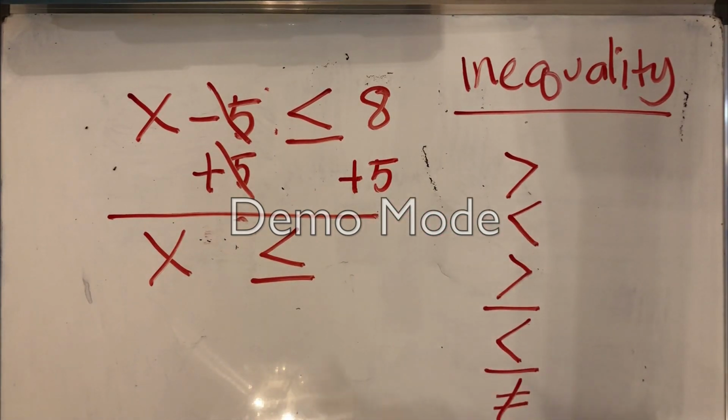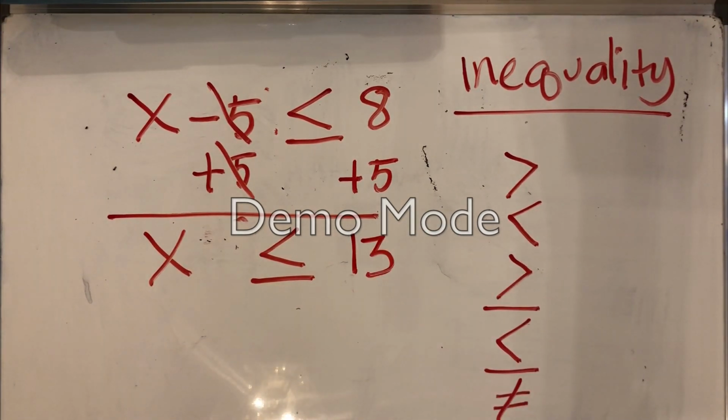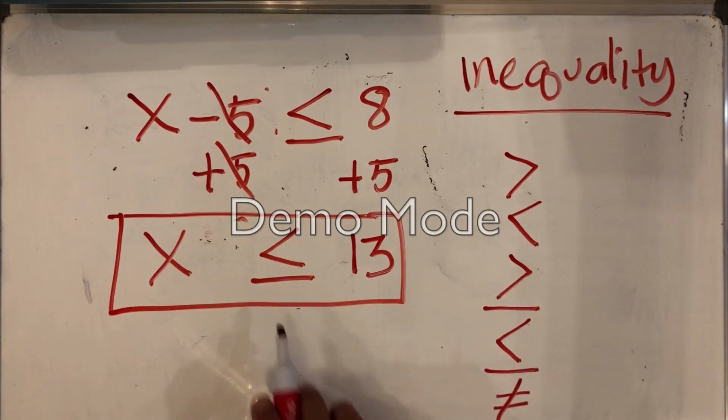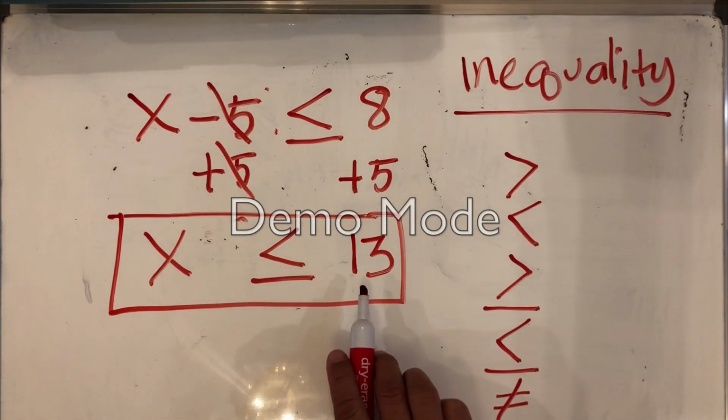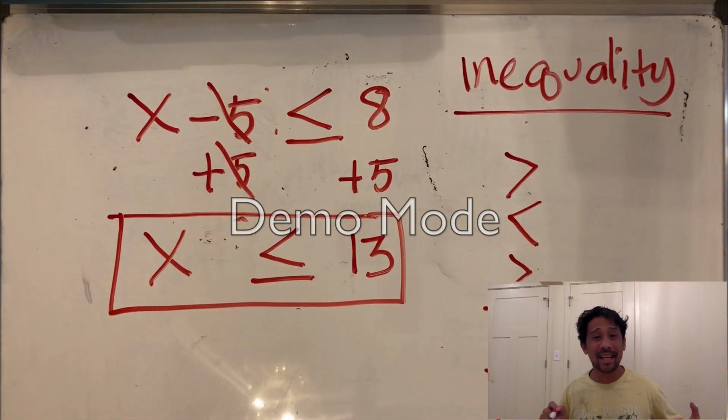So there you go. 8 plus 5, what I get is 13. Our final answer for this inequality is x is less than or equal to 13, which means the values of x have to be less than or equal to 13.